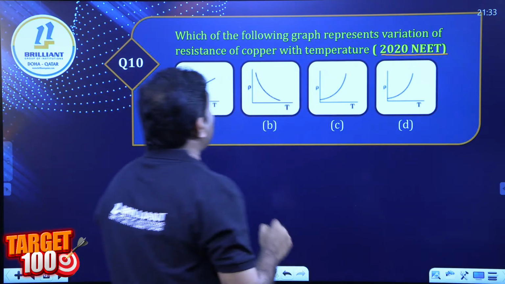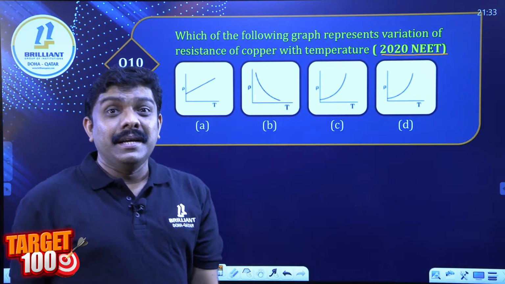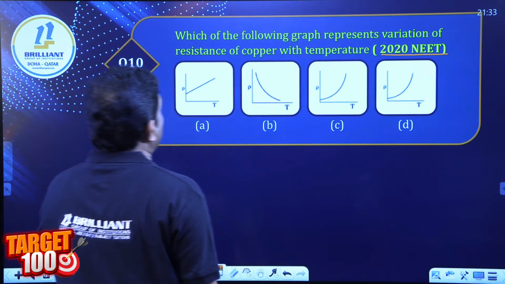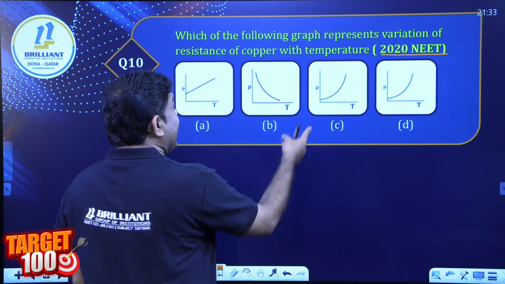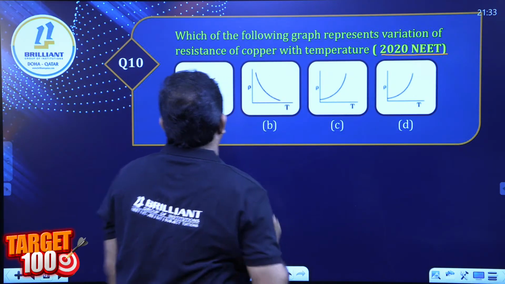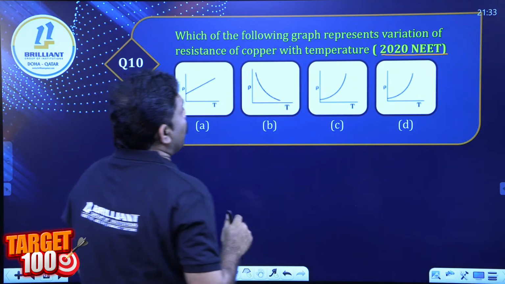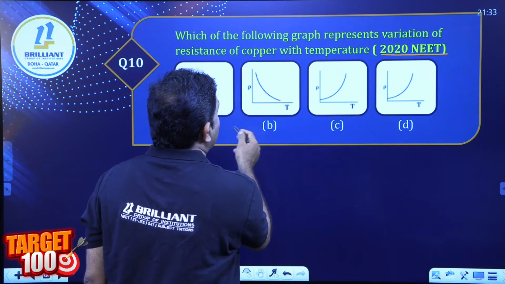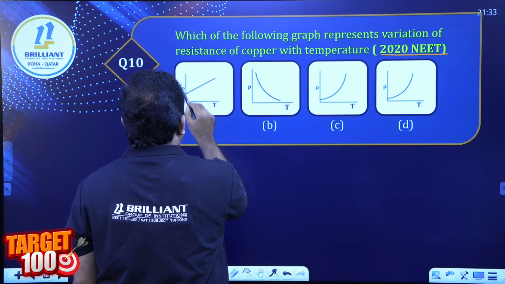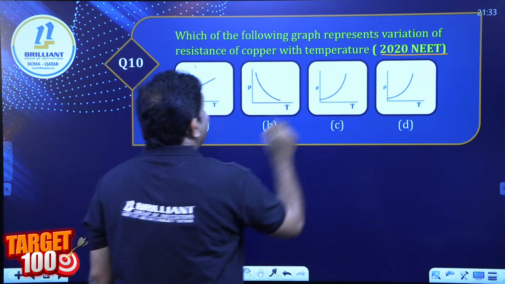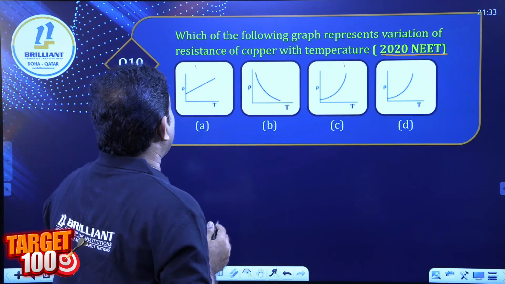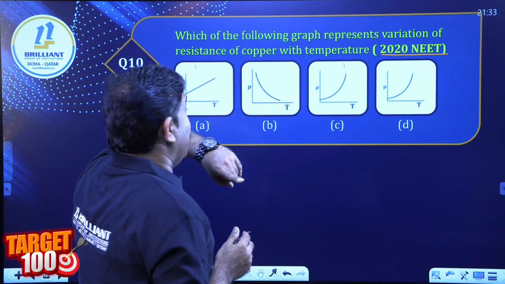We know in the case of copper, resistivity increases with temperature. We have the options, this one may be there, this one, and this one. But the point here, look, is that it is copper.